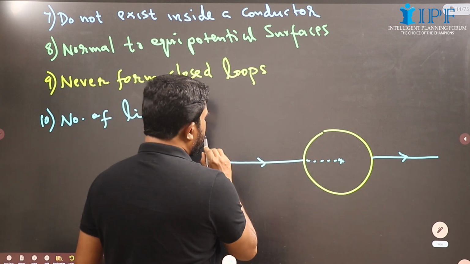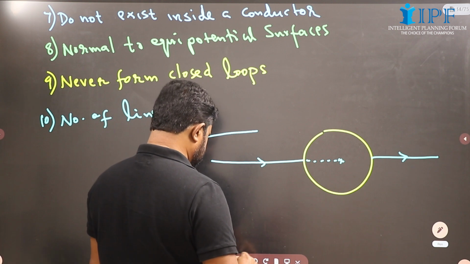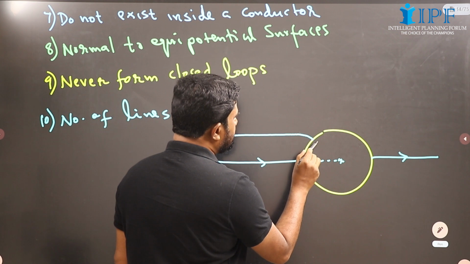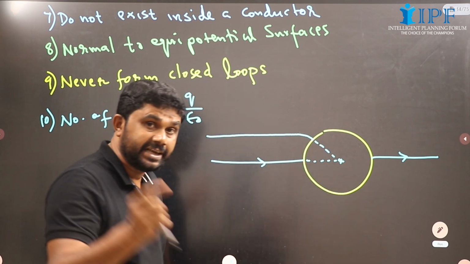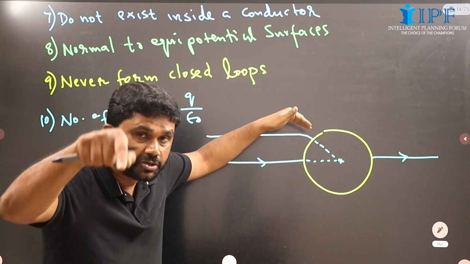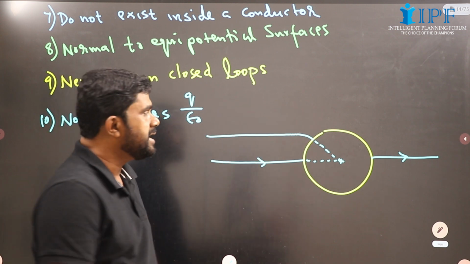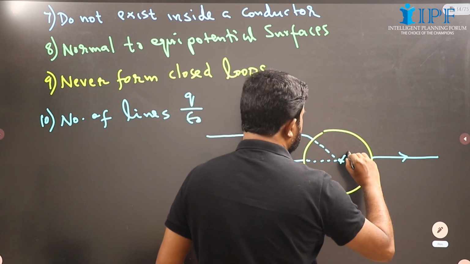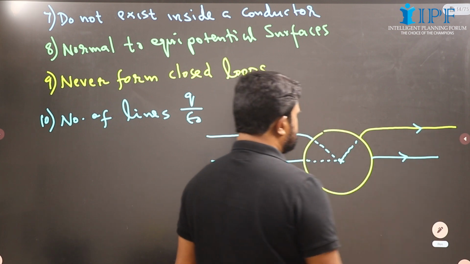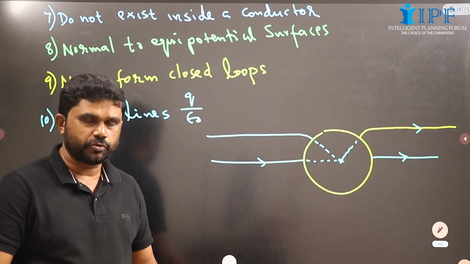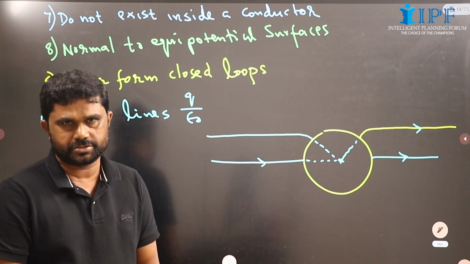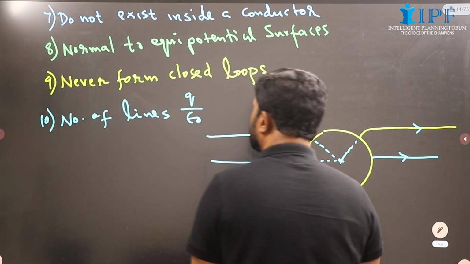Now suppose we have an electric line of force like this. It will come and meet the surface only radially. These lines of force must be normal to the surface of a conductor. And this line of force will continue like this. So the electric lines of force in a spherical conductor can meet the surface only normal to it. That is another important property.